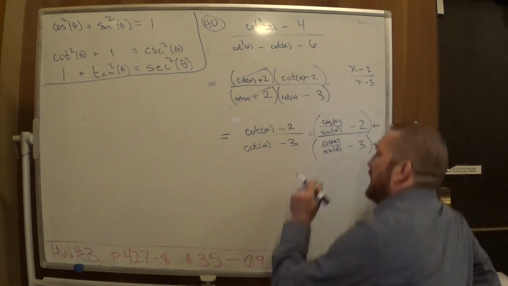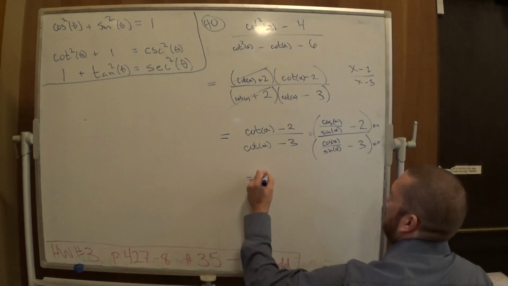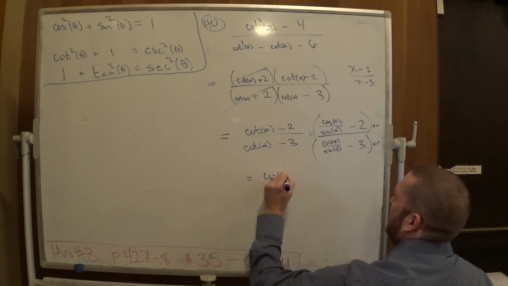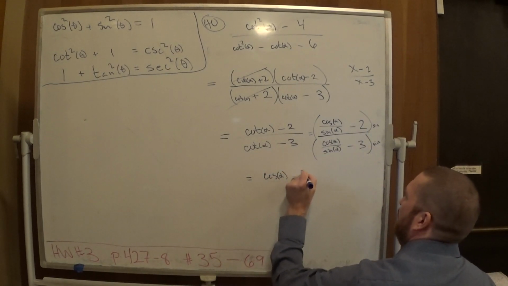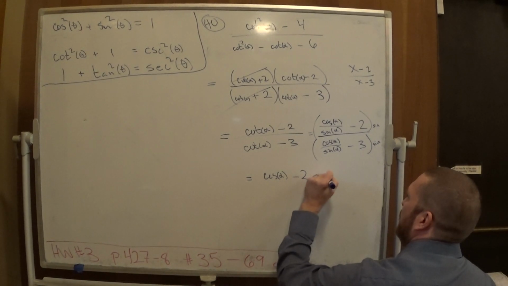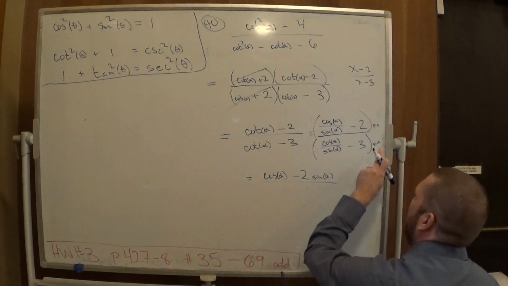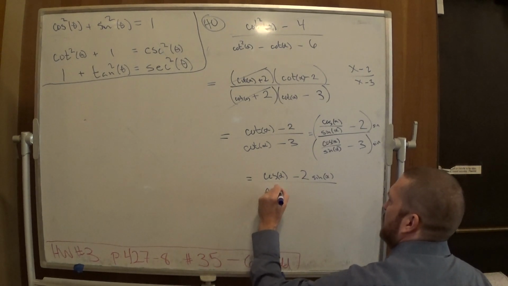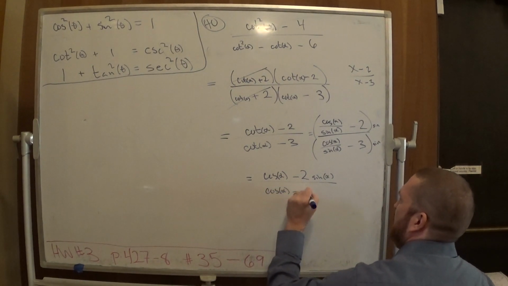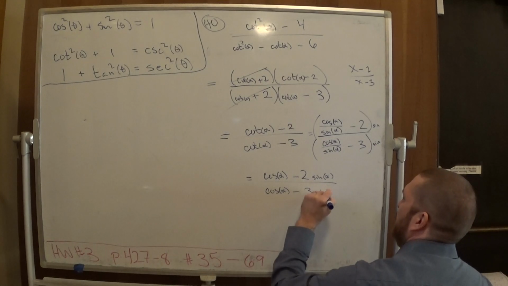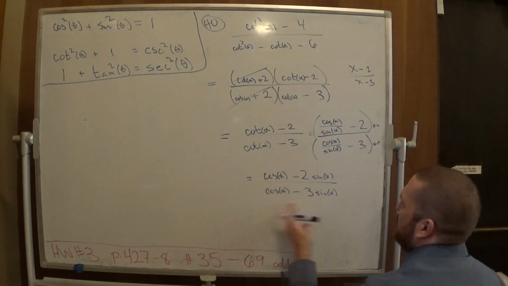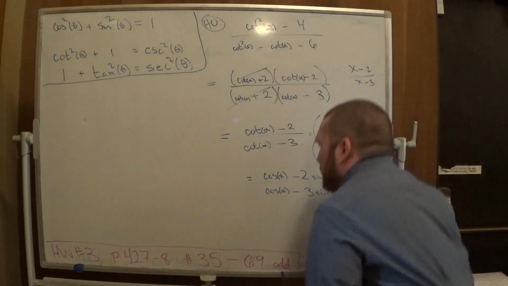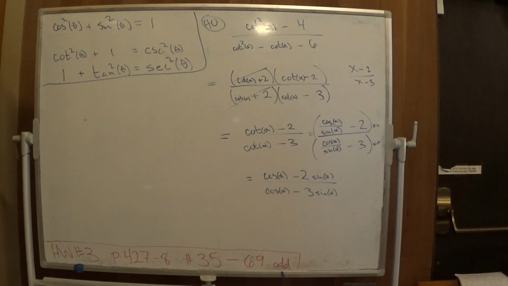That's going to kill the first sine, leaving me just a cosine alpha. Distributes in, and now I have minus 2 sine alpha. In the bottom, that guy jumps in, kills that sine alpha, leaves me with just a cosine alpha minus 3 sine alpha. And maybe that's what's in the back of the book. I can't think of a way to break that down anymore.